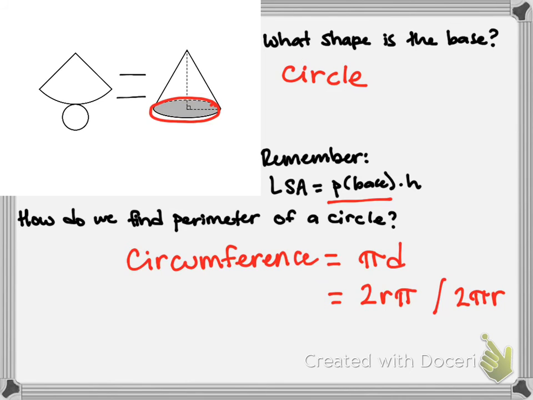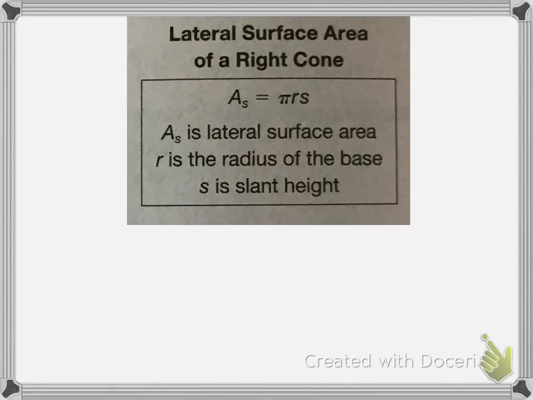All right, so if we want to find the lateral surface area of a right cone, A sub s stands for lateral surface area. We're going to use pi because the base is a circle, and we use pi when we're finding the circumference of a circle. And then we're going to multiply r, which is the radius, times s, which is the slant height.